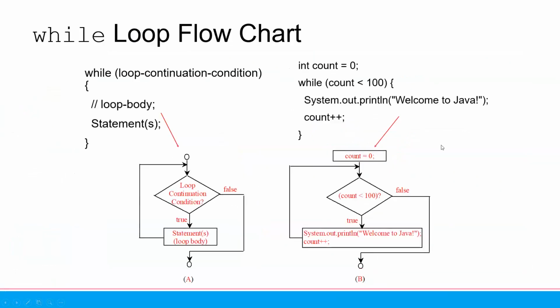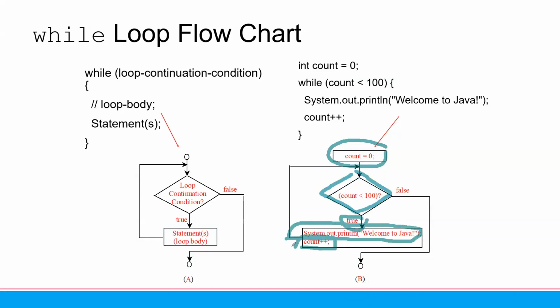If you look at this flowchart, first count equals 0. And it will have a question: is count less than 100? If it is true, then I print welcome to Java, and then I write count plus plus, so the count is added by 1.